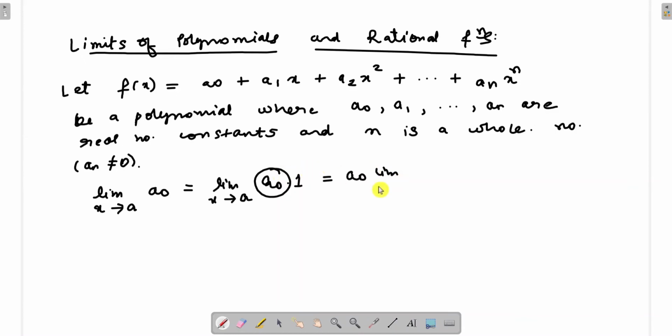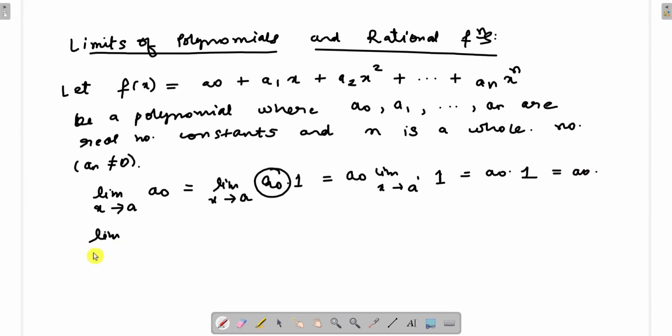So a naught times limit x tends to a of 1, by property 5 of algebra of limits. Now the limit of a constant is the constant itself, that is 1, so this will be equal to a naught.